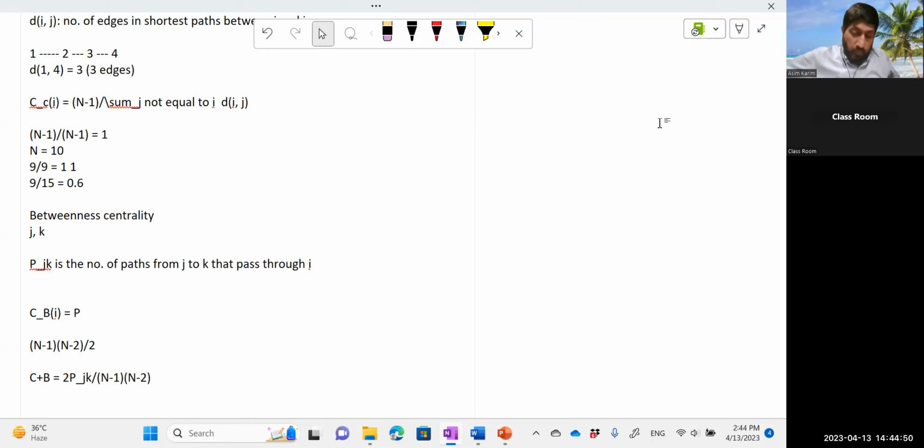So this is basically the formula for the betweenness centrality. Of course, if there are no paths that go through I, then the P_JK on top will be 0, so this will become 0. If all n minus 1 multiplied by n minus 2 over 2 paths go through I, then the P_JK number will also be the same, so this becomes 1.